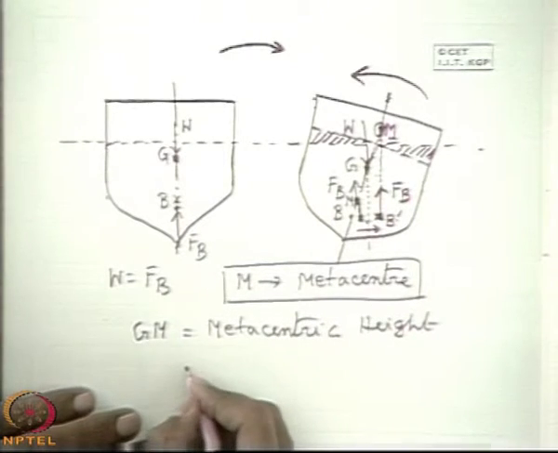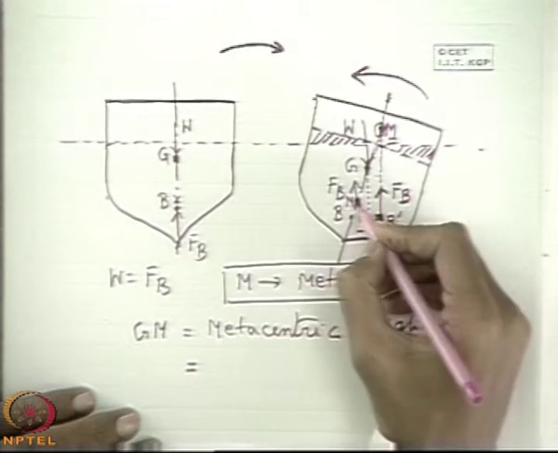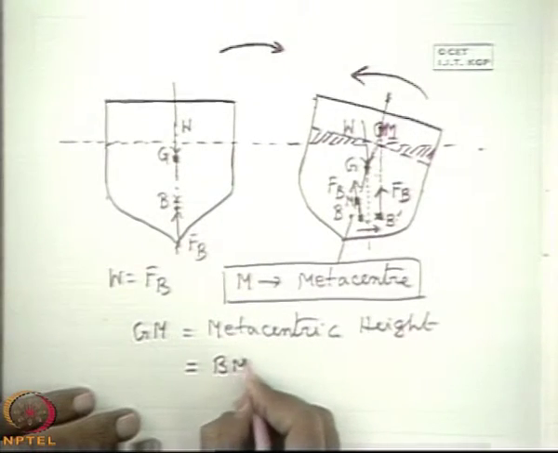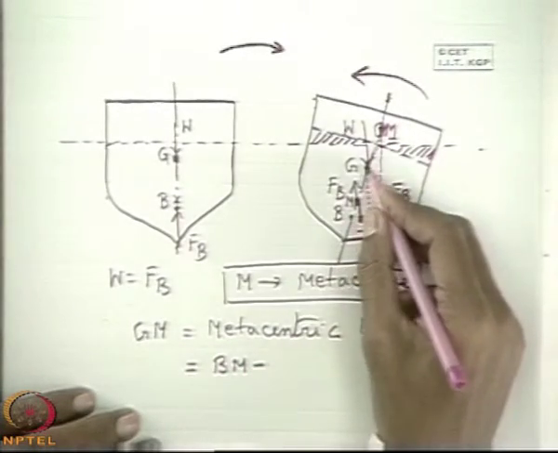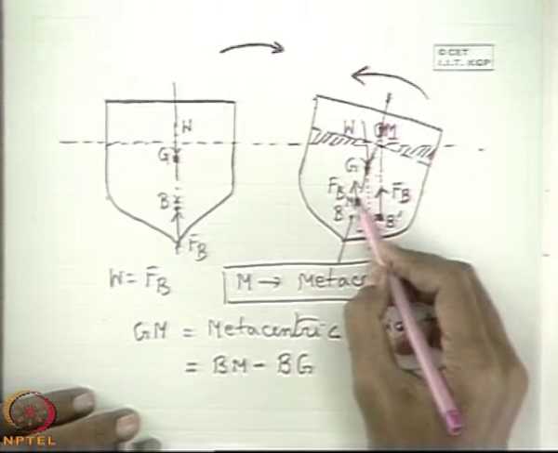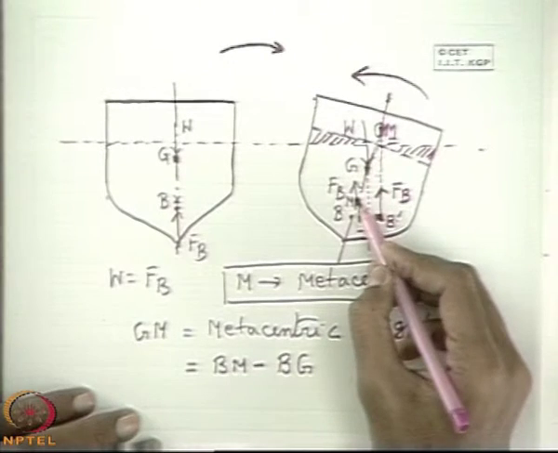It can also be written as GM equal to BM minus BG. When the metacenter is below the center of gravity, GM is negative.